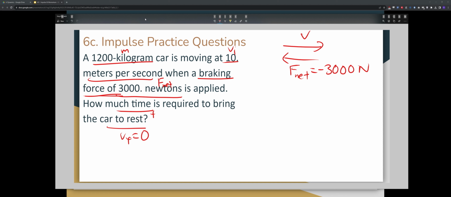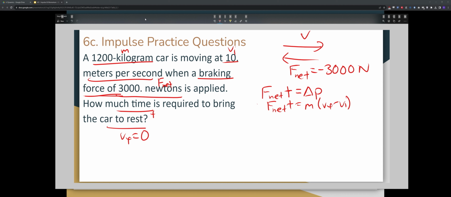Now, we don't have impulse. We don't know what J is. So really, we're not even going to entertain the fact that we are going to use J is equal to that because we don't have it. So we are going to use this formula instead. So now we know that delta P is equal to M delta V, and I'm actually just going to break this all down.